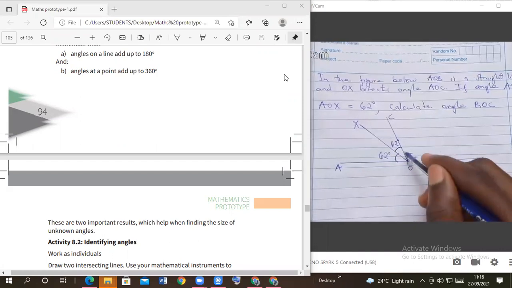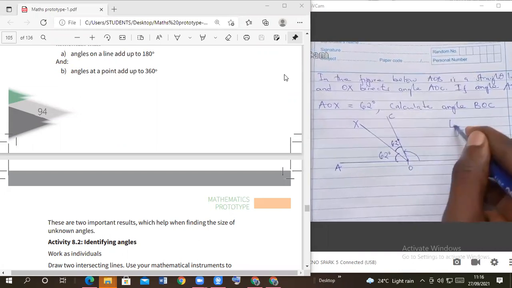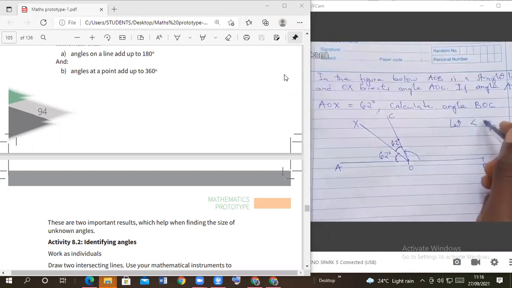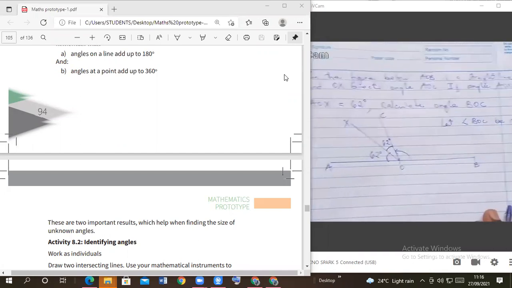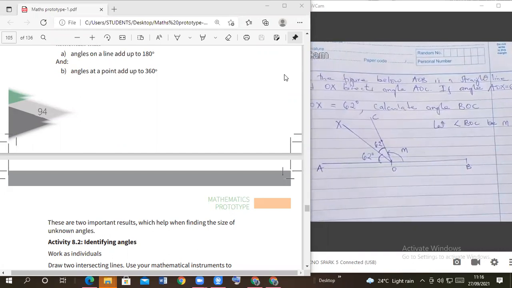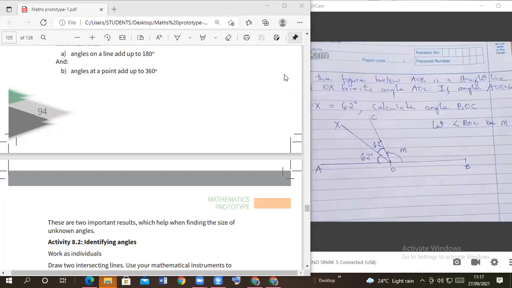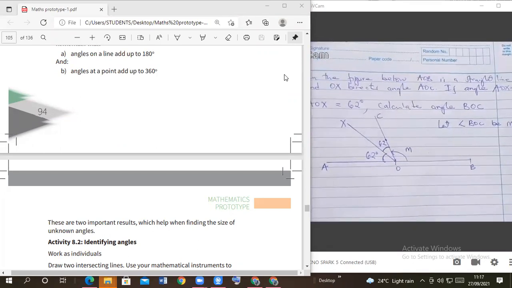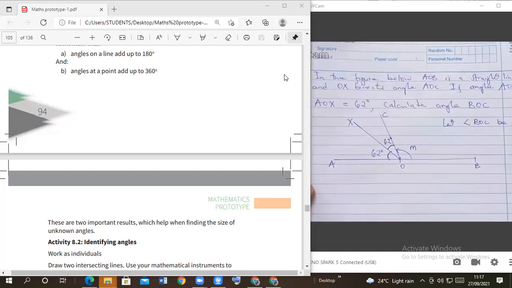Now they want us to find angle BOC. They want us to find this angle. So let's say angle BOC be M. So this angle is M. Which means to find M, what do we need? Which property are you going to use to find that angle? Angle property in a straight line.